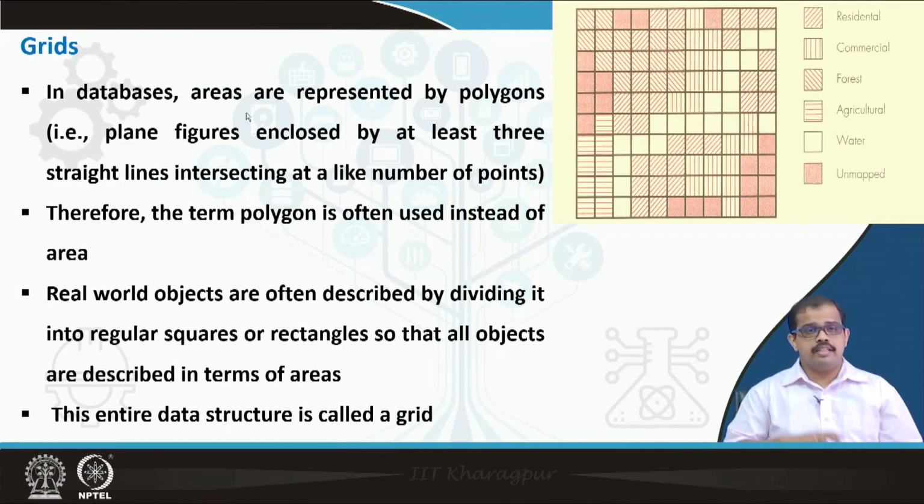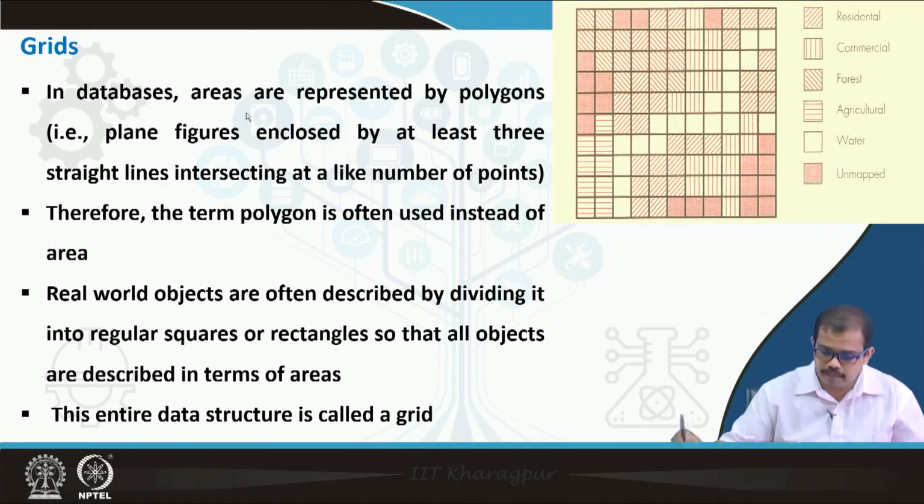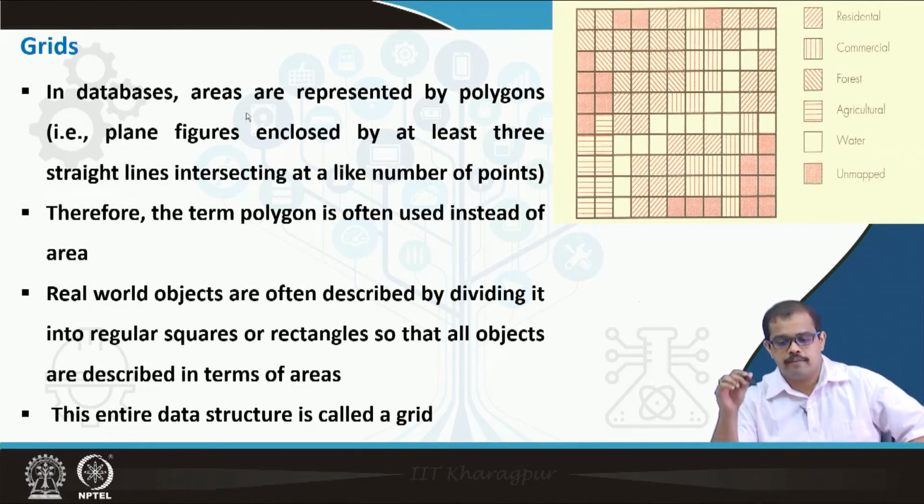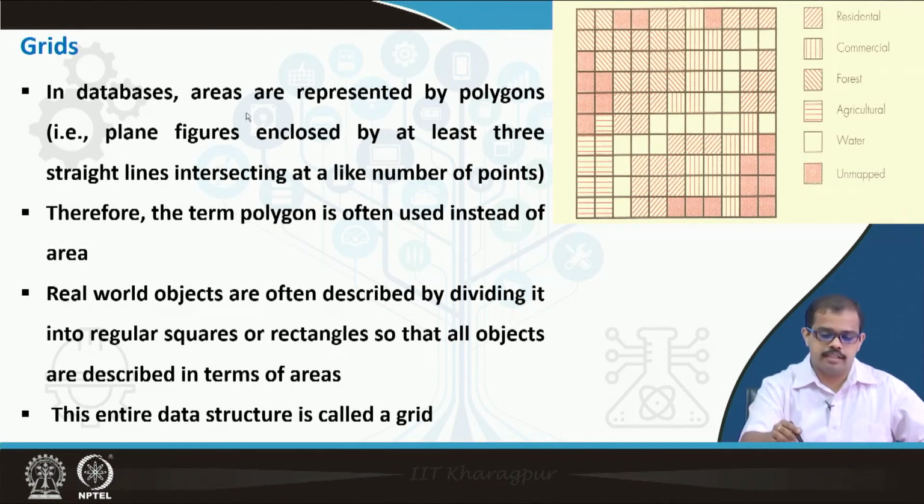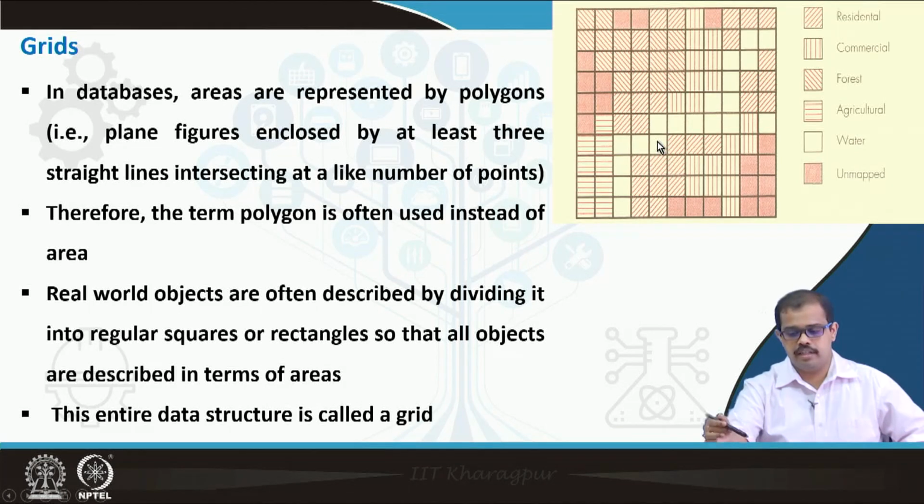When we look at raster data, the next concept we have to understand is grids. For example, on your right hand side, I have represented a particular area in a region.